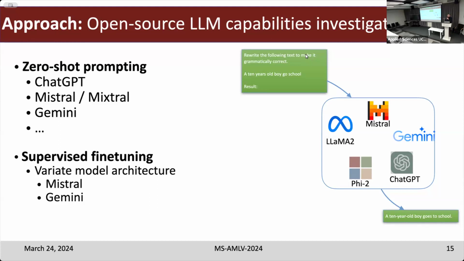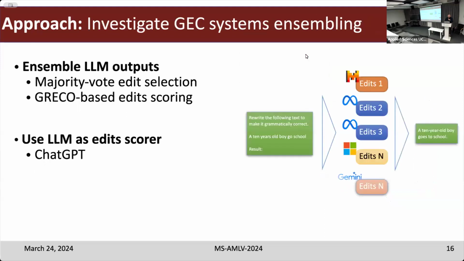For zero-shot prompting it's more straightforward, because we can use any model we can run inference on. Here we can use ChatGPT as one of the proprietary models. But we also should investigate supervised fine-tuning on the open source models available for this. Here we see Mistral and Gemini as some of the candidates to try.